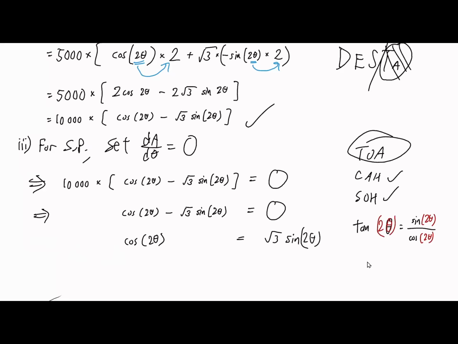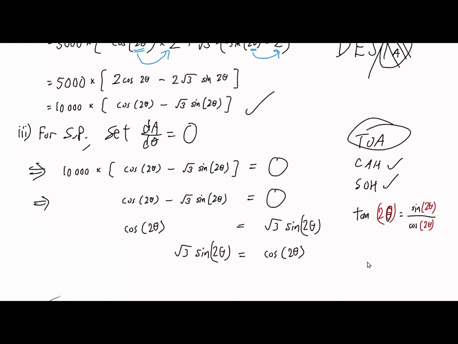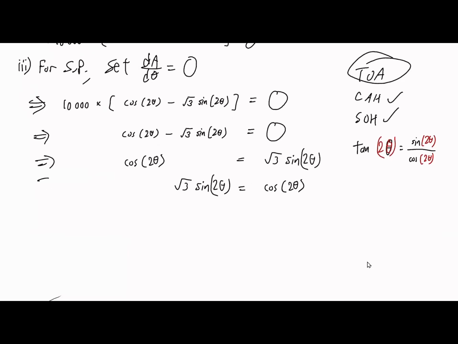Okay, yeah. So let me just rearrange it so it looks a bit nicer. So root 3 sine 2 theta equals to cosine 2 theta. Then from there, what can we do? This implies that, cosine... You can do cotangent theta equals, but I don't have cotangent inverse on my calculator, so wouldn't it be nicer if you just... Yes.